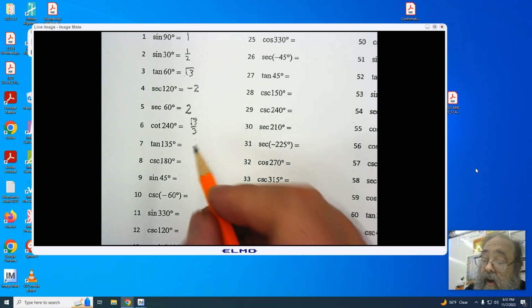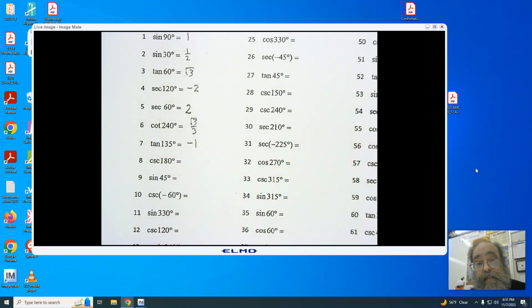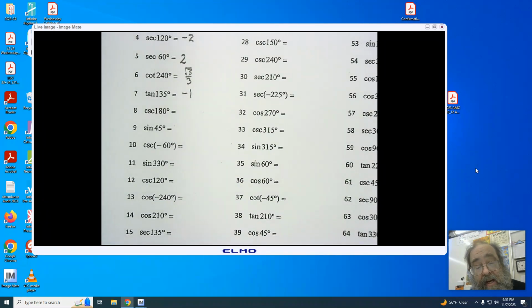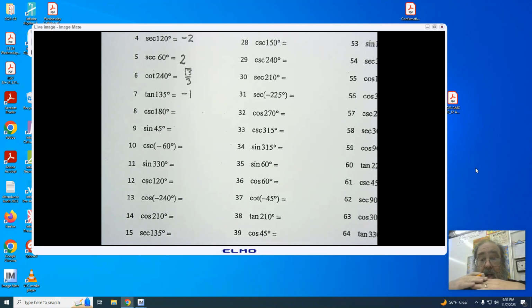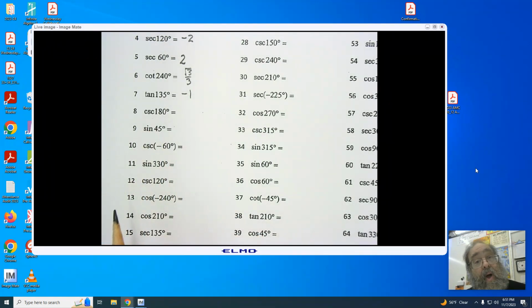We are looking at 1 in the second quadrant, which is now -1. Let's go to number 8. 180 degrees. We call these quadrantal when they're sitting on the axis. Now, all we need to remember is that for the cosecant, our y value is 0. The reciprocal of 0 is undefined.